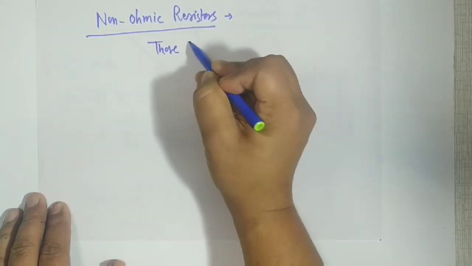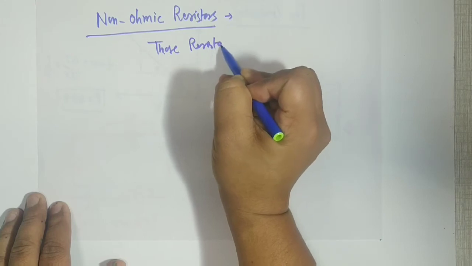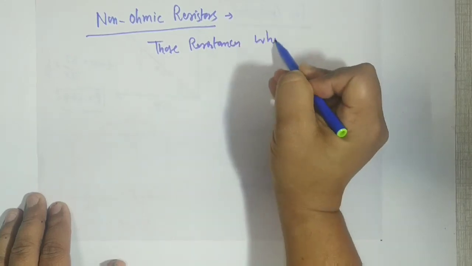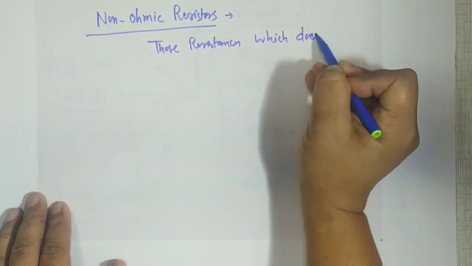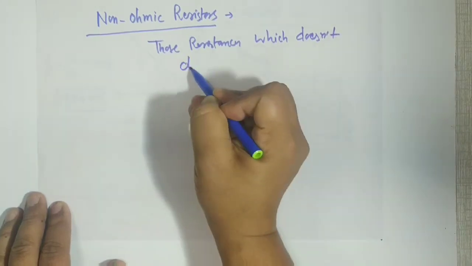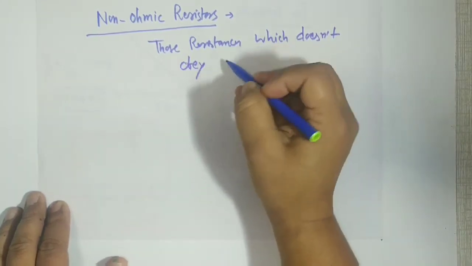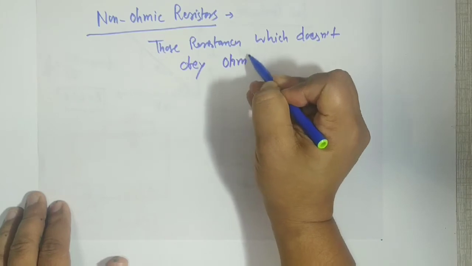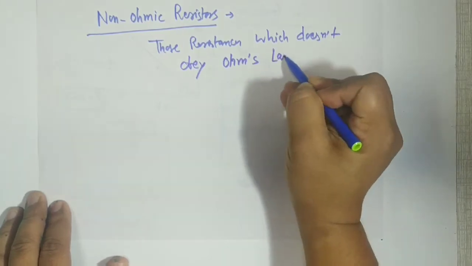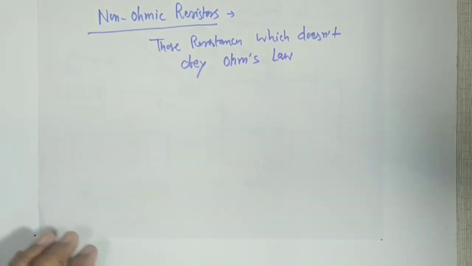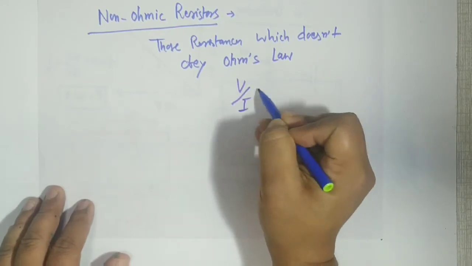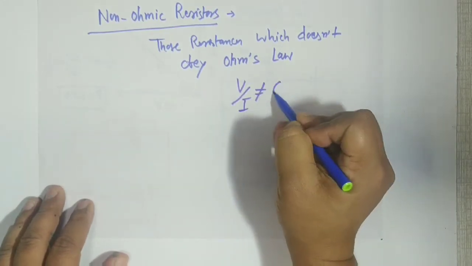Those resistances which don't obey Ohm's law. That means for them V by I is not constant.